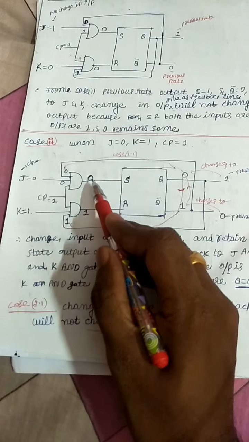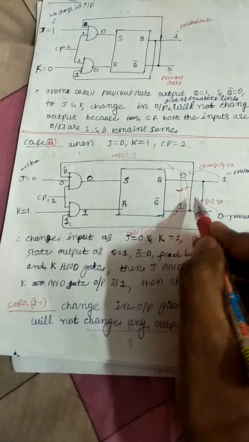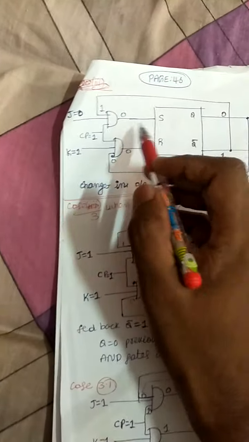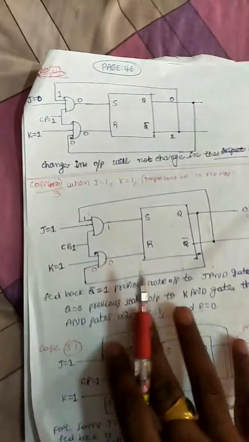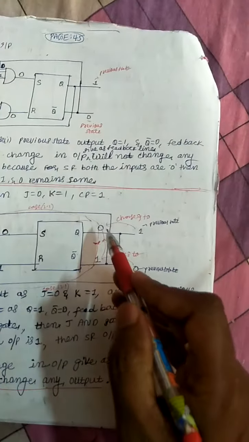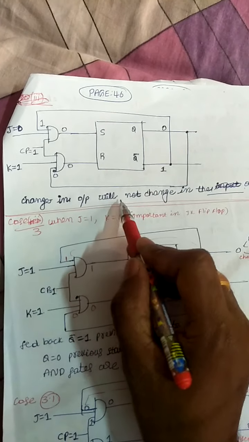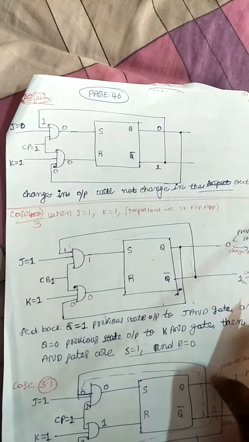For 0, 0, what will you get here? For SR flip-flop, it will be 0, 1 only. Earlier also you had 0, 1. Now also you are getting 0, 1. It means the output does not change again.